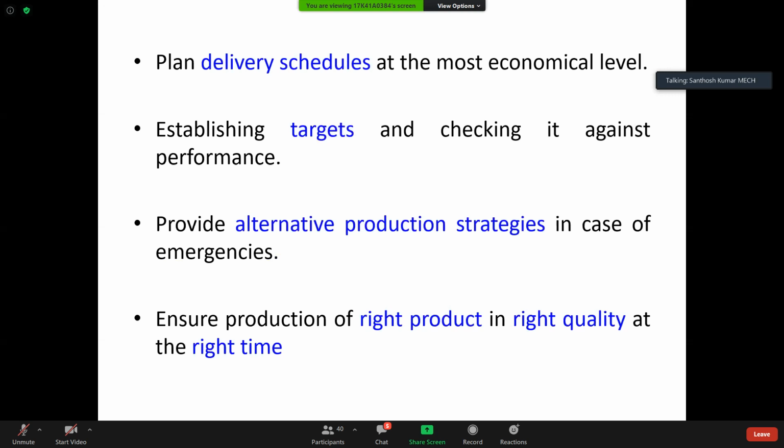Okay, procurement 2 weeks, fabrication or machining 3 weeks, and final assembly 1 week. Then he keeps an extra 1 week as a buffer so that he reaches the customer delivery schedule in time, because I mentioned this line, plan delivery schedules at the most economical level.